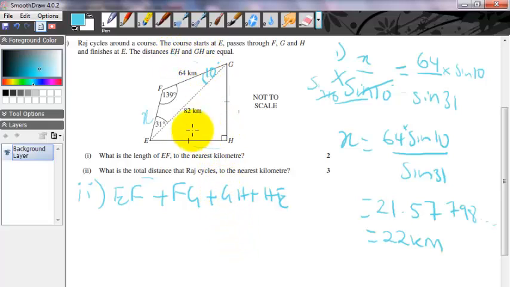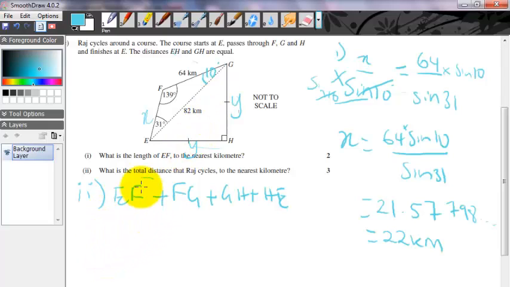Now you've got to think of how I'm going to work these out. Well, I know it's a right angle triangle here, and I know I've got 82, so let's label these sides as y and y to make sure they're different. It's a right angle triangle, and to work out these sides I don't have the angles, so I'm going to be using Pythagoras' theorem.